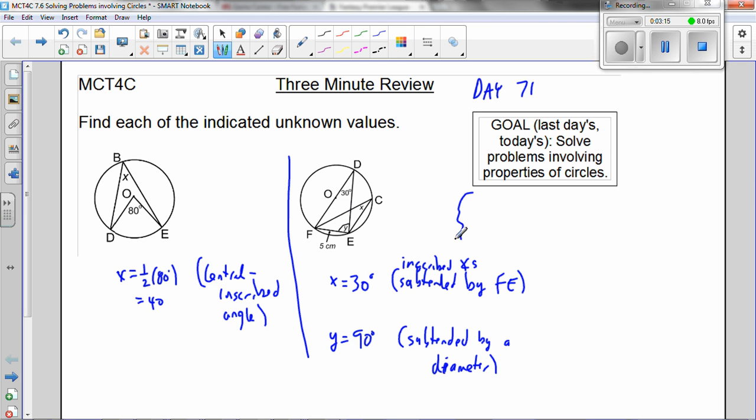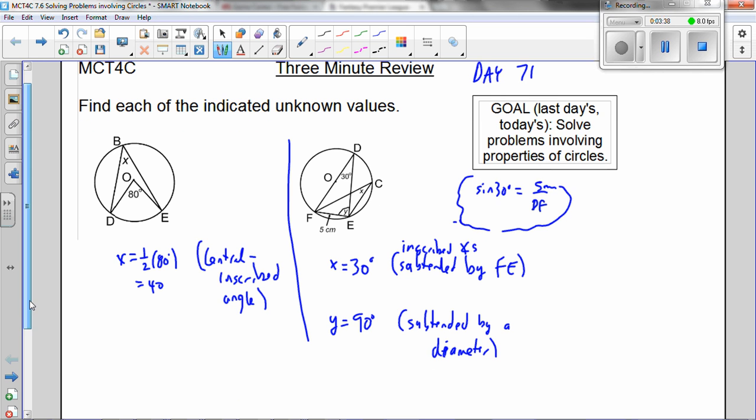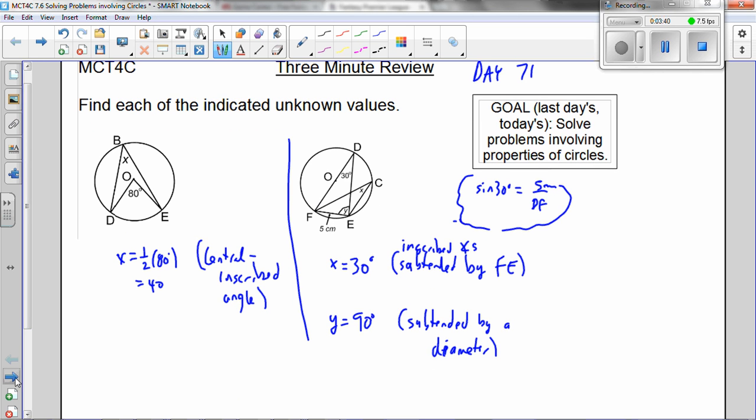We could say, and this is coming, something like the sine of 30 degrees is opposite over 5 centimeters over hypotenuse, and then I can find out what the diameter and the radius or the area of this circle would be, let alone just about everything else in this diagram, just because we know so much about circles.